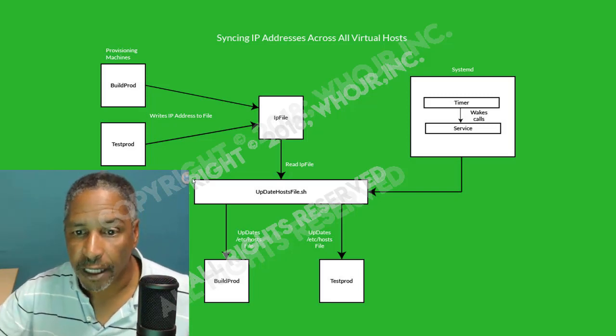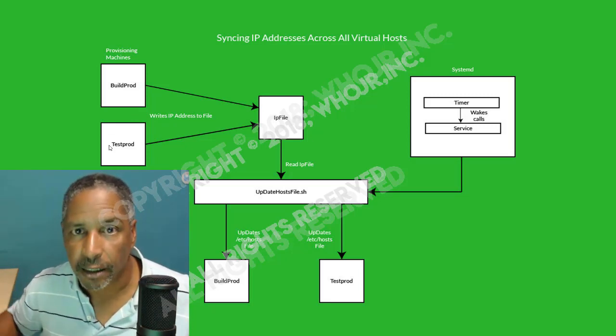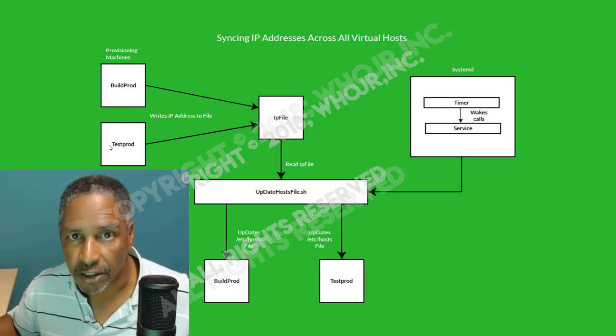So we have two already defined. We have build prod and we have test prod, but neither of them can talk to each other. And we like it when our VM machines can talk to each other because they need to work in unison.